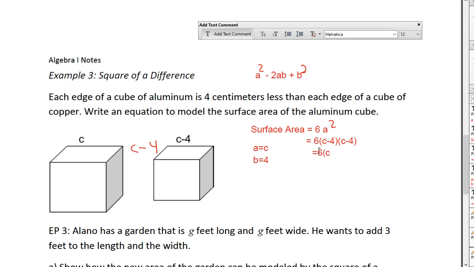A is C, B is 4. Plus B squared, B is 4, and we'll have to square it. And don't forget, all of this has to be in parentheses because of that 6. So we're going to write in my squareds. 4 squared, C squared.